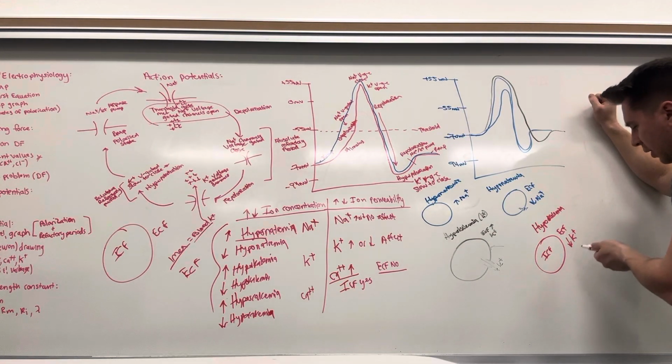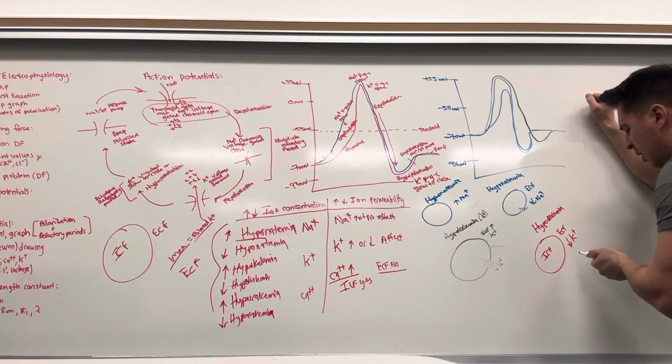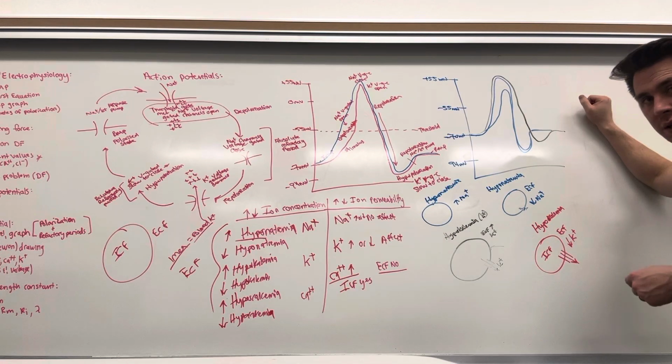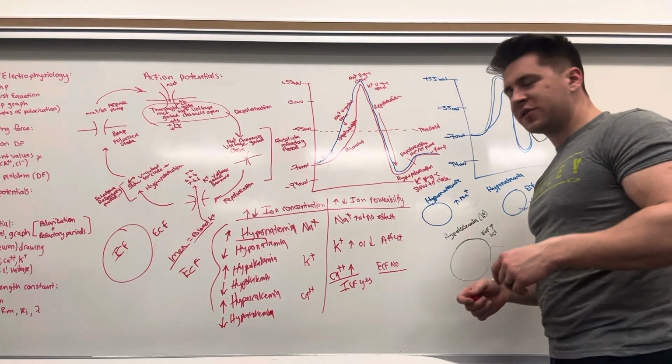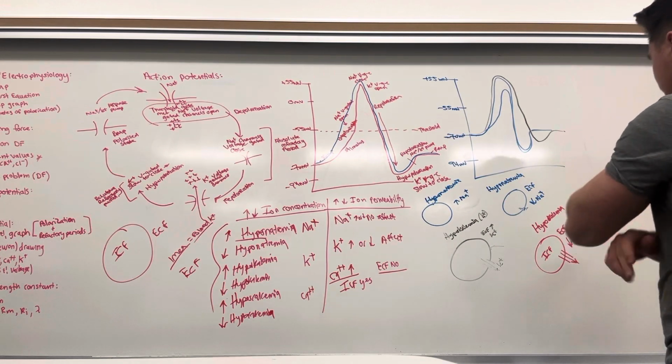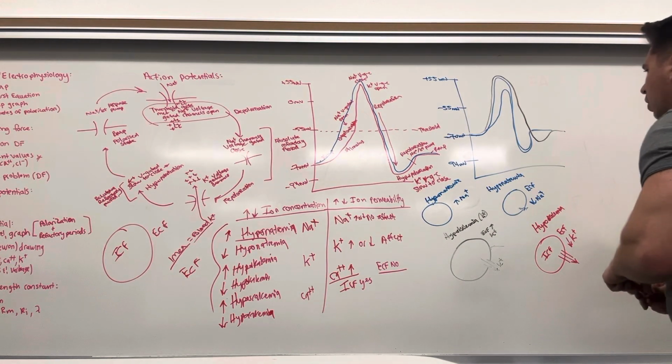So if we have a decrease in potassium on the outside of the cell, that concentration gradient is stronger and wants to come out and flow on the outside. And so what we see is you have this desire for this potassium to come out stronger.